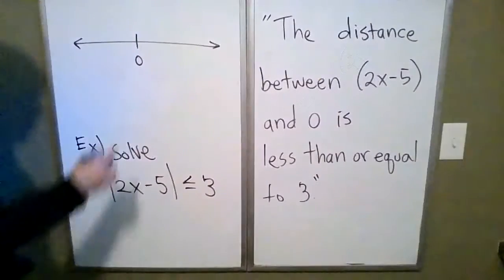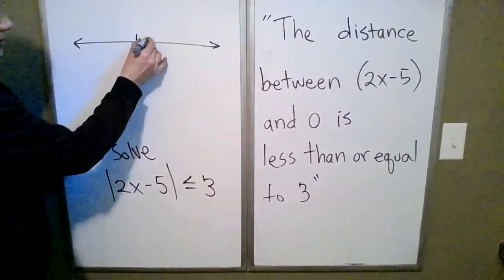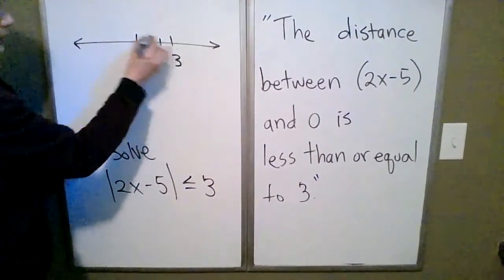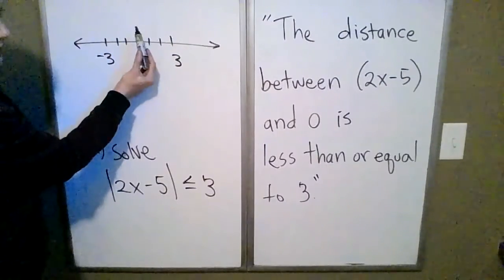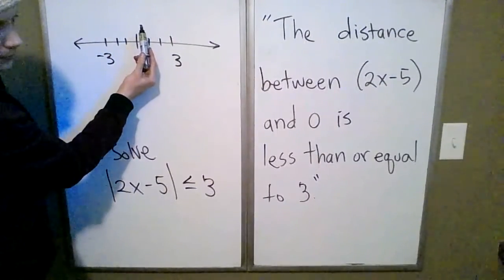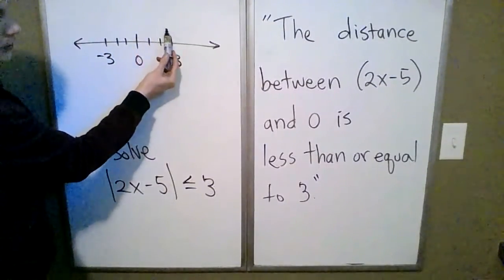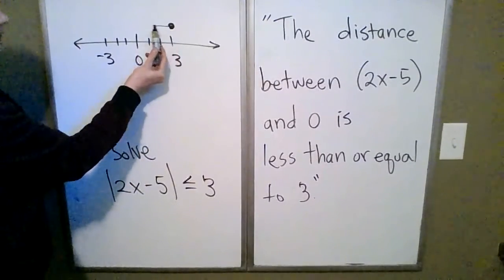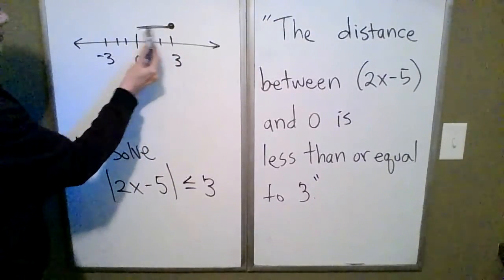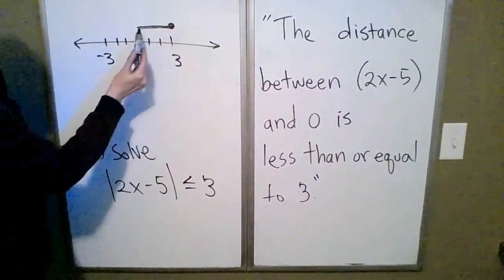So we're going to go a distance of 3 spaces to the right and 3 spaces to the left. And your value is less than or equal to 3 units from 0. So you can go 3 units over, include that number, and be from 0 up to 3.